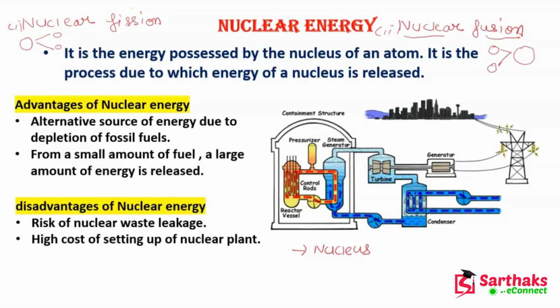Okay, so this is responsible for the heat, or you can say the energy, of the sun. Sun is very hot. Why? Because of this reaction. So this is the reason for the energy in the sun, because in the sun this nuclear fusion reaction takes place.